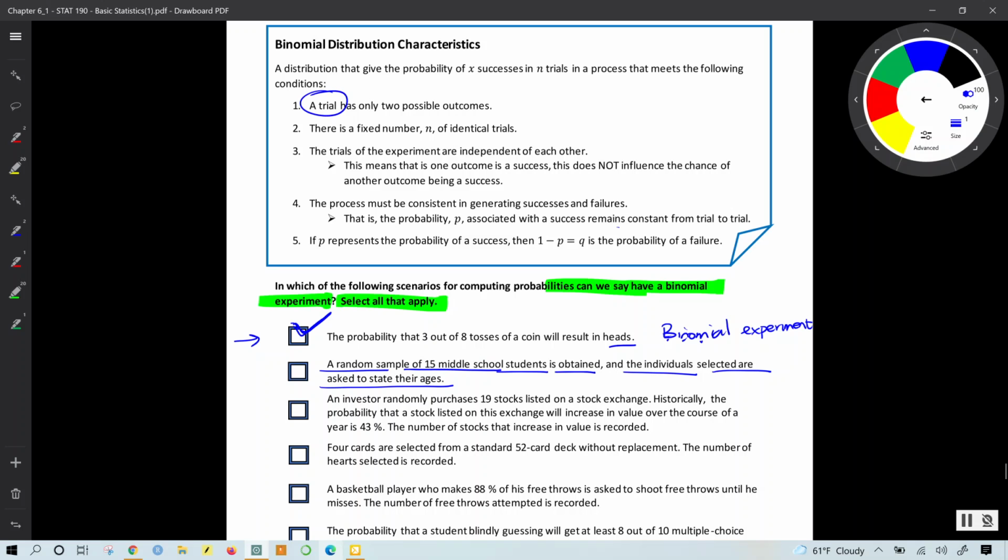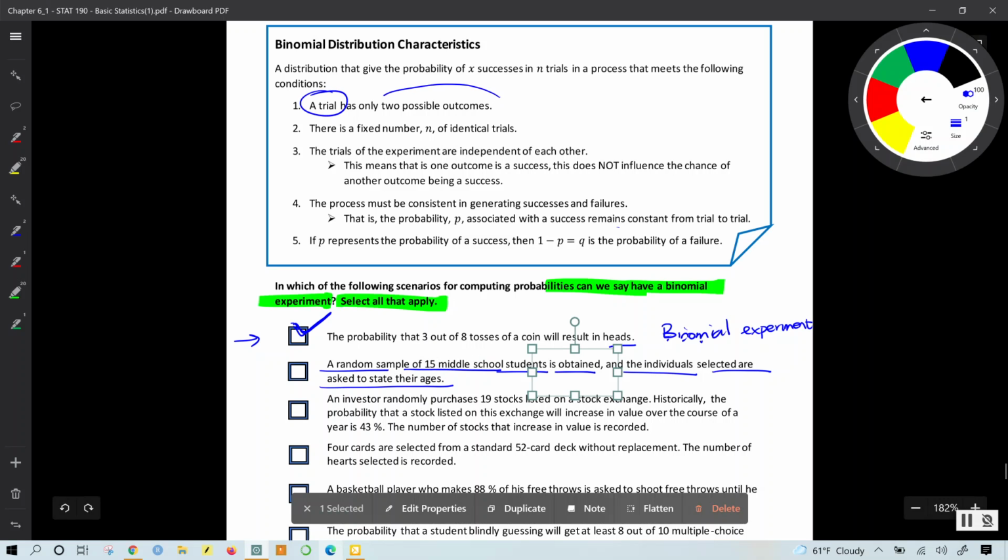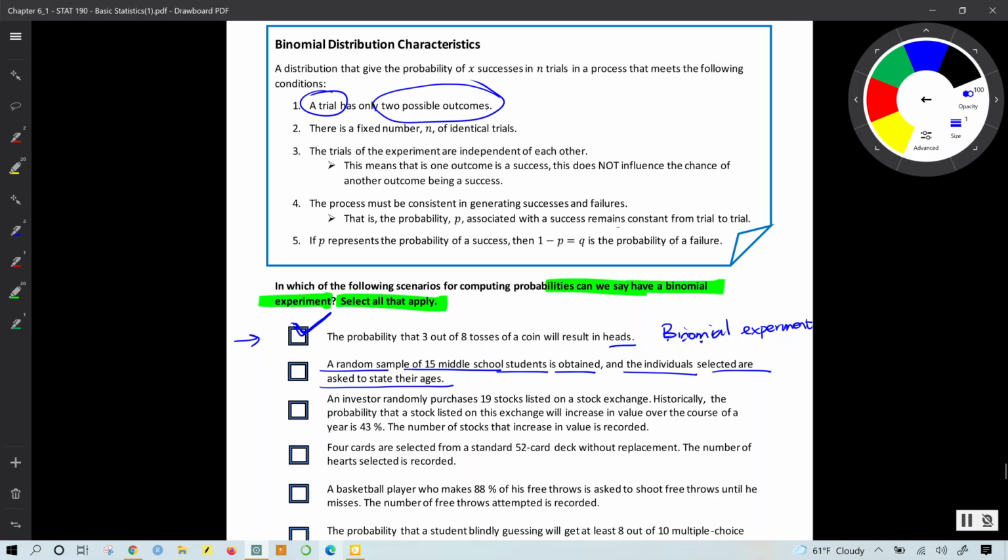So when they state their age, do they have only 2 possible outcomes or 2 possible ages that they can state in this scenario? The answer is no. So that means that this scenario does not even meet the first condition, because the possible answers we will get from the students cannot lead to just 2 possible outcomes, one age or the other, in this context. So this is not a binomial experiment.